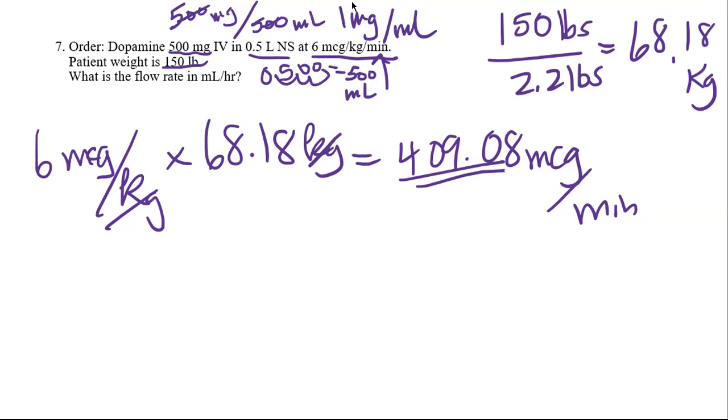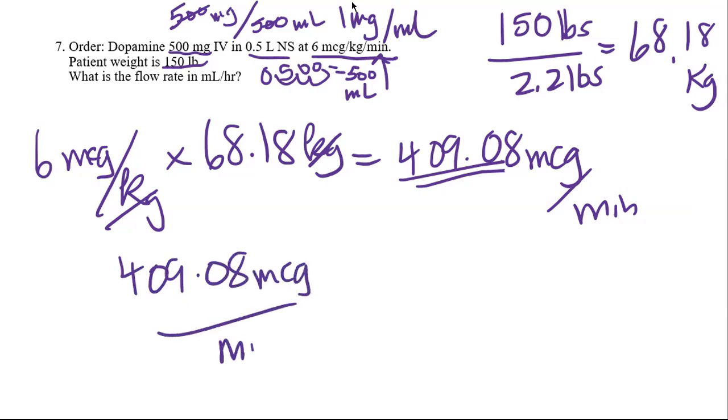So we start with this and we go 409.08 micrograms per minute. Okay, and we want milliliters per hour, so we've got to keep our eye on this one. Times, and let's get rid of micrograms.